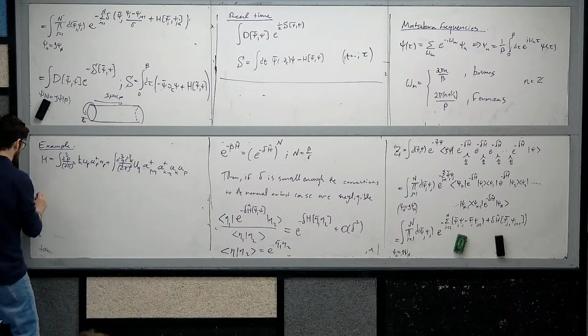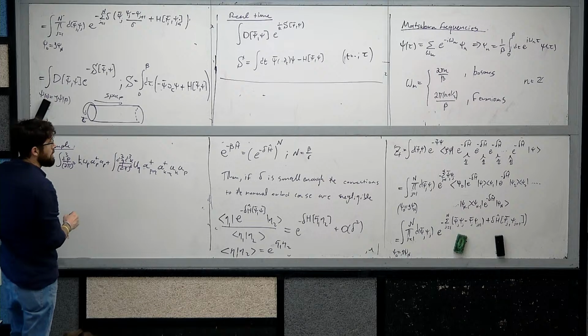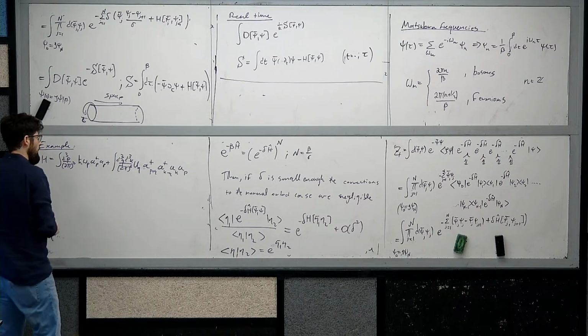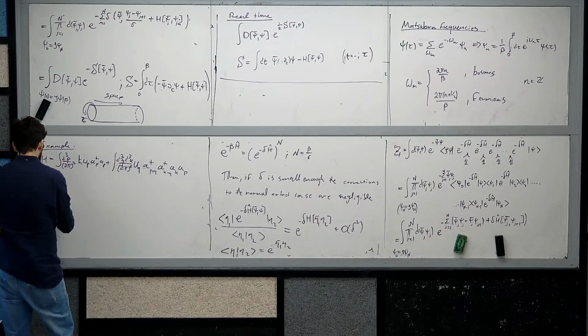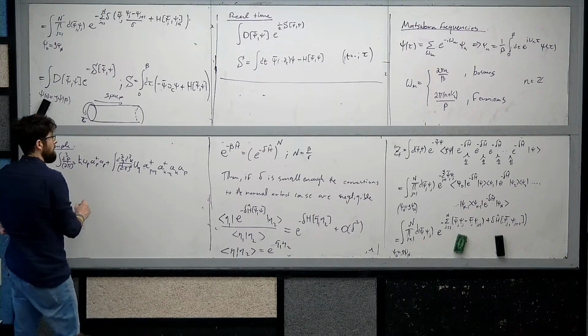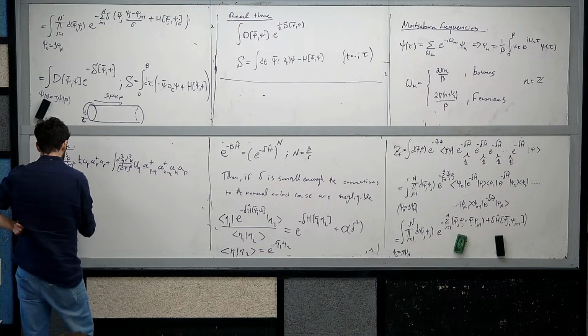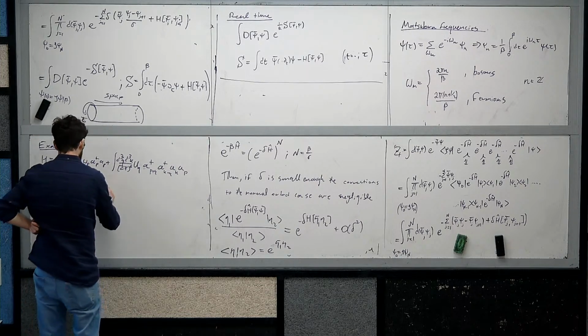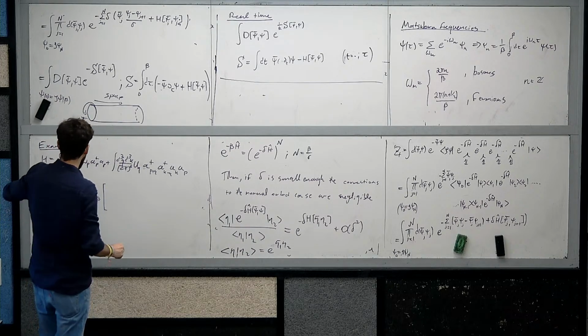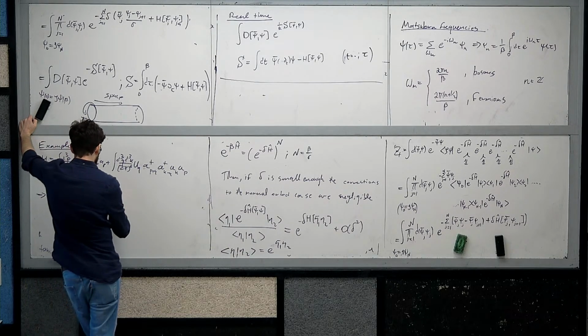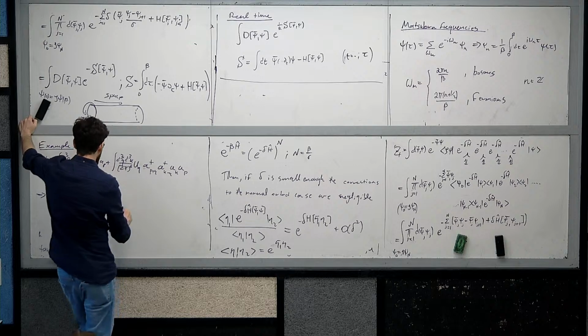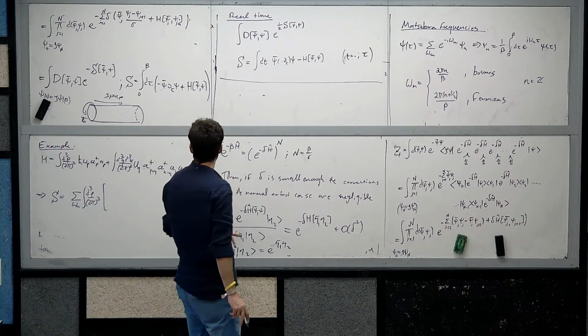Okay. Then our action, the action S that we get is going to be the sum over omega n and integral d3p over 2 pi cubed. And then I open this guy up. Where is the time derivative?